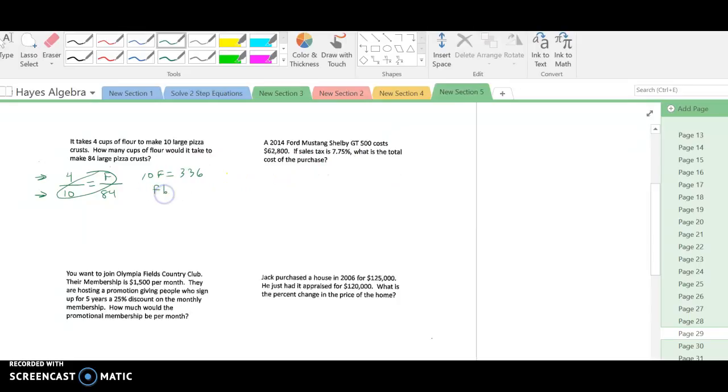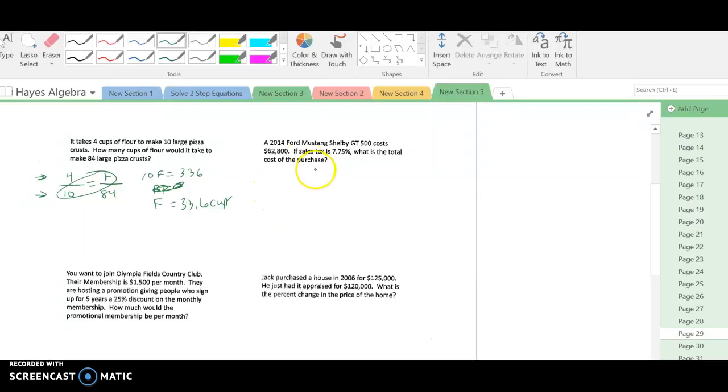When you divide, number of cups of flour has to equal 336 divided by 10 is 33.6 cups of flour. All right. Next.